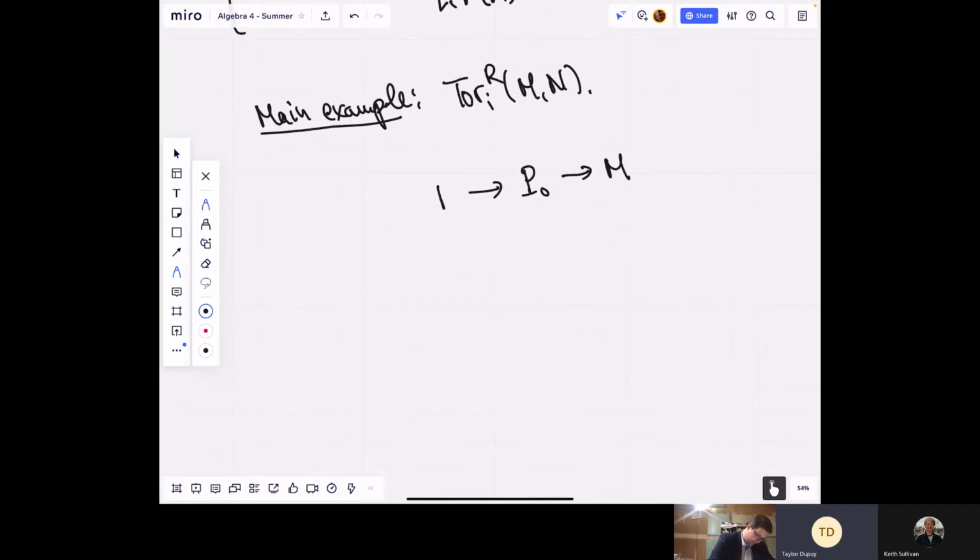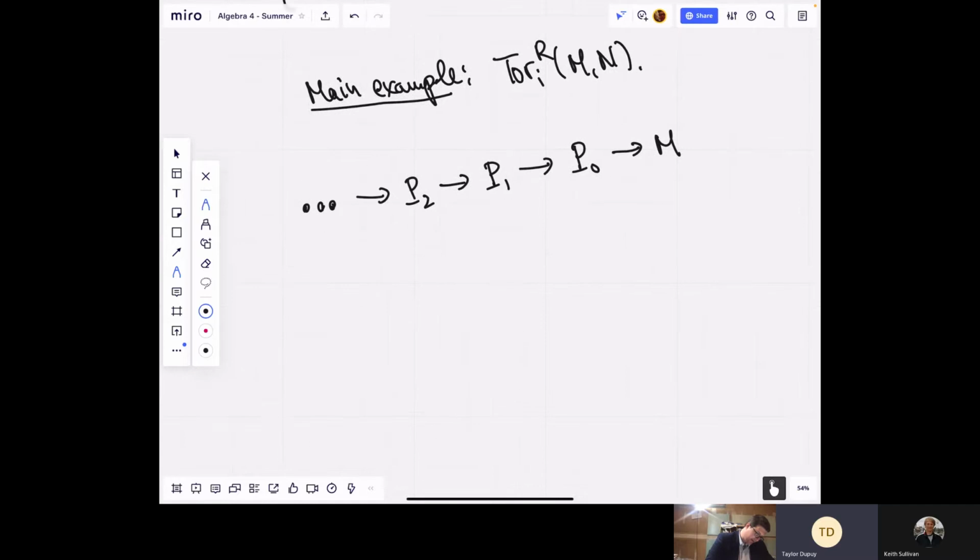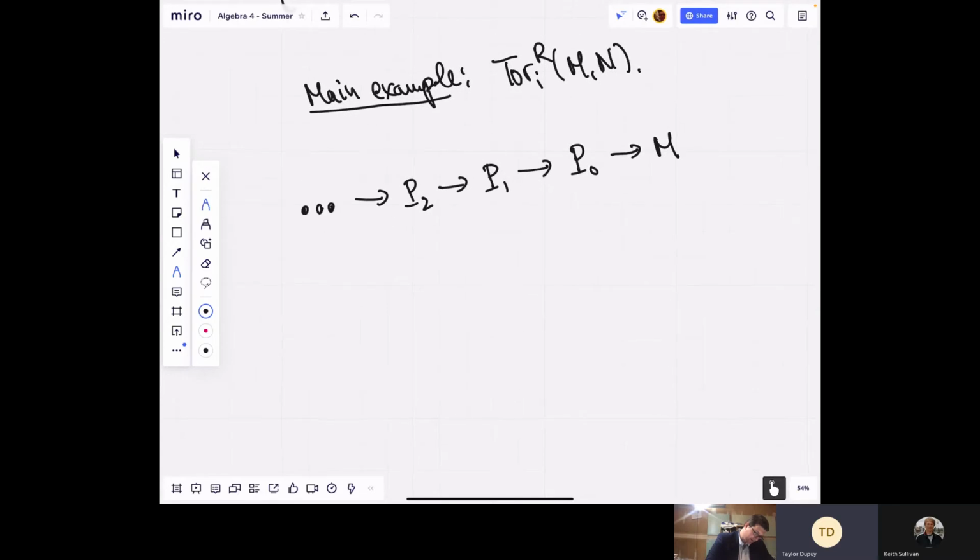So we have this thing here, and this is a projective resolution. Then we chop it off here.